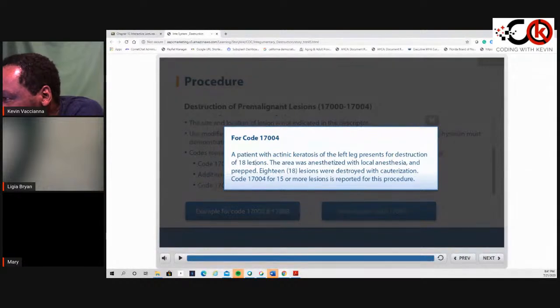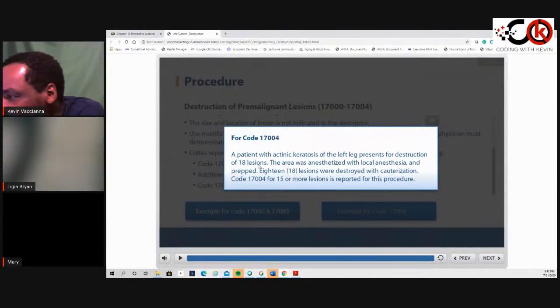And then here's an example code. A patient with actinic keratosis of the left leg presents for destructions of 18 lesions. The area was anesthetized with local anesthesia and prepped. 18 lesions were destroyed with cauterization. Code 17004 for 15 or more lesions is reported for this procedure. Anybody have any issues with that example?